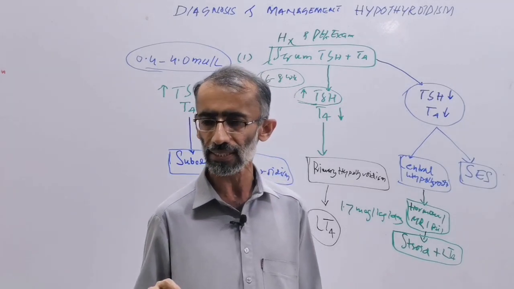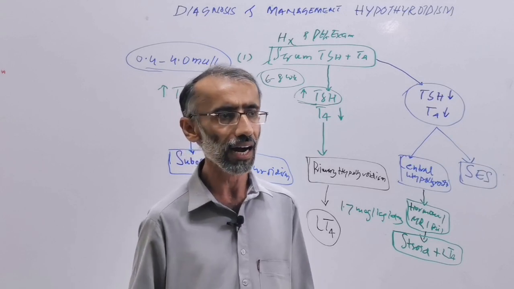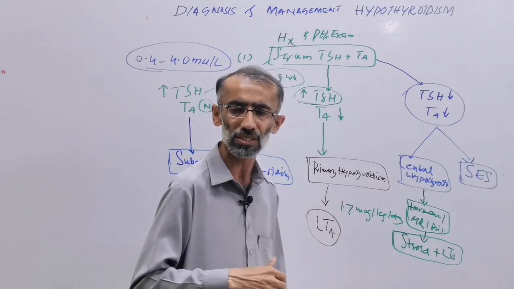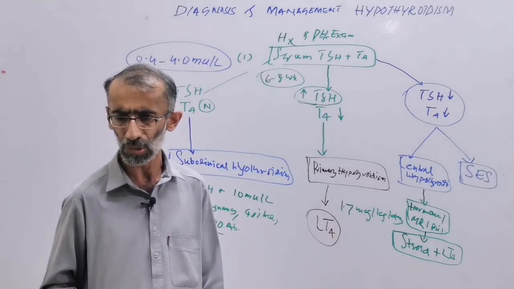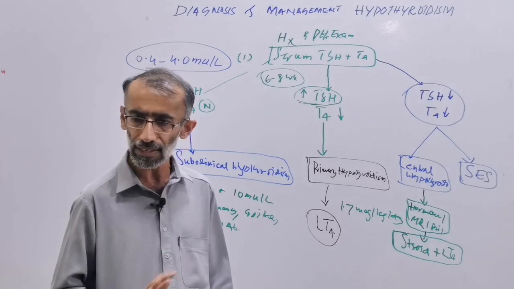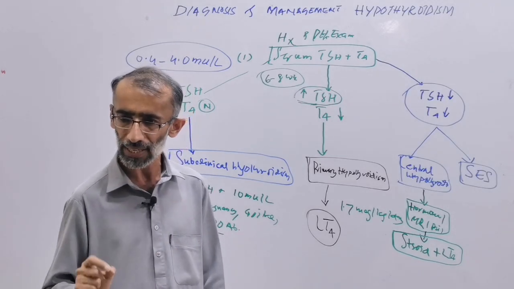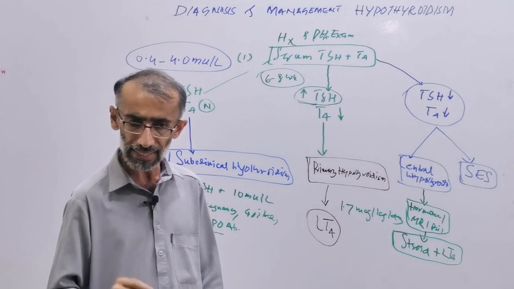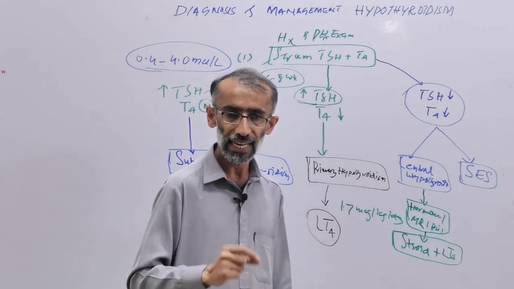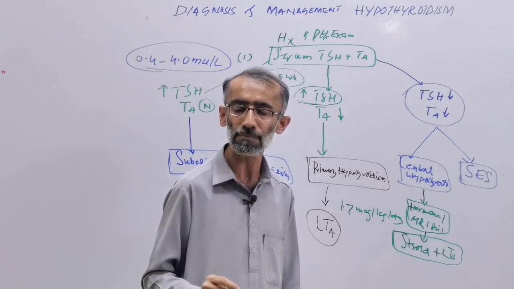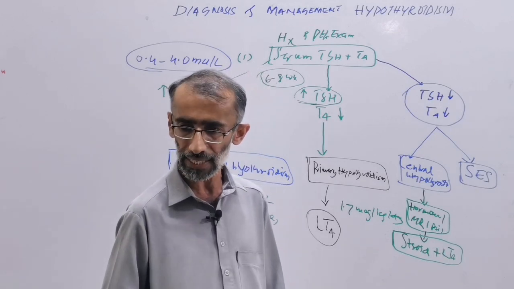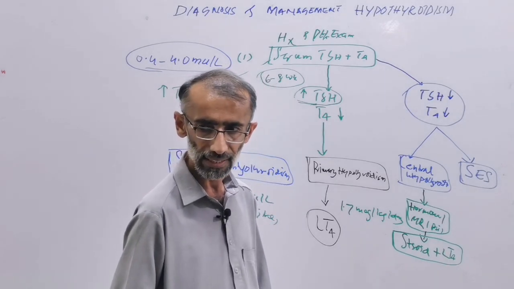If the patient presents with a systemic illness or is hospitalized due to any other chronic illness, you should not do a thyroid function test unless there is strong evidence of coexisting thyroid disease, such as presence of goiter.